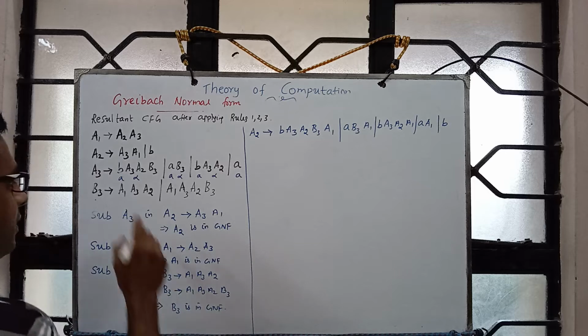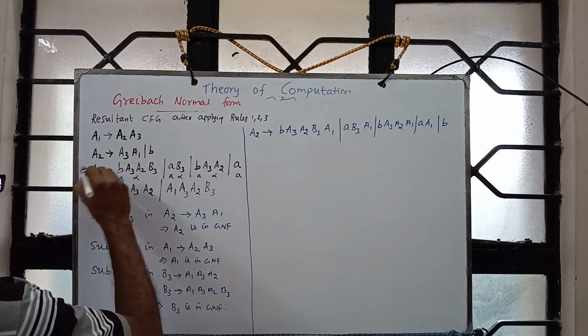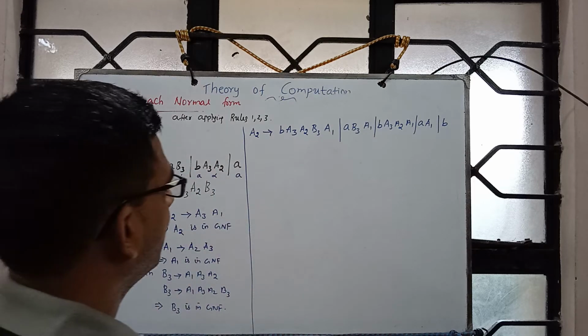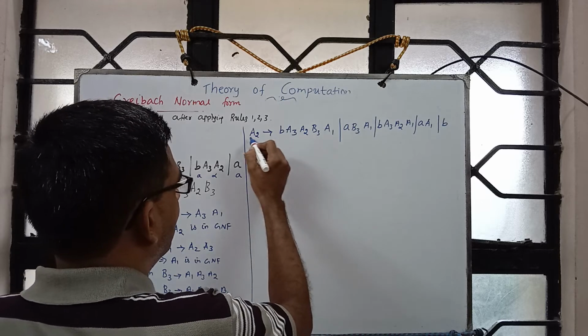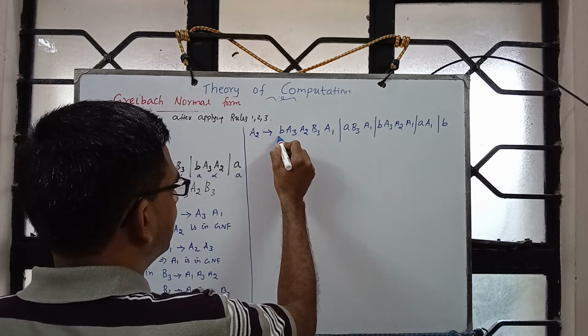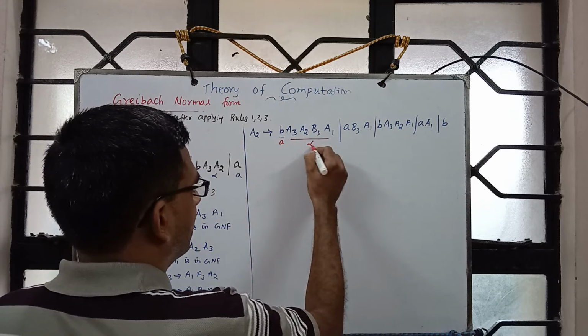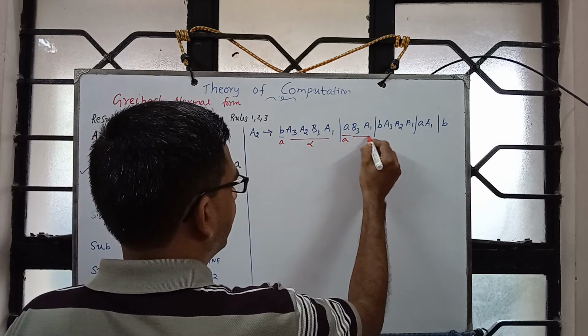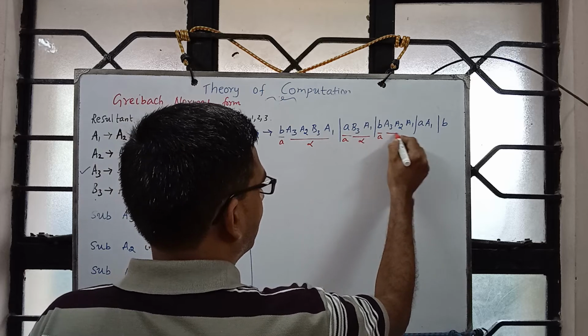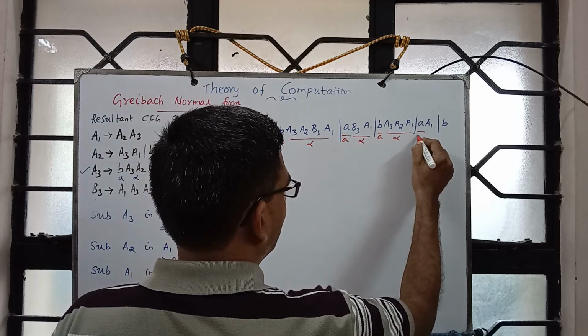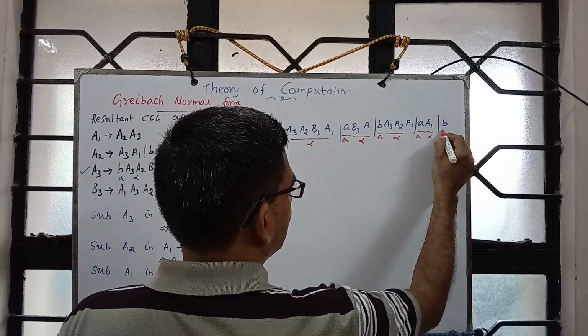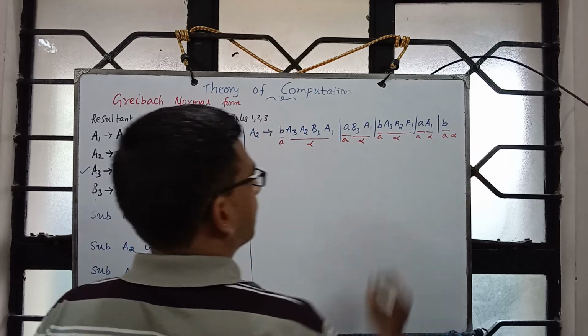This will remain as it is, this will be part of the solution. Now you see that for A2 it is A alpha, and again A alpha, a terminal followed by a string over non-terminals.